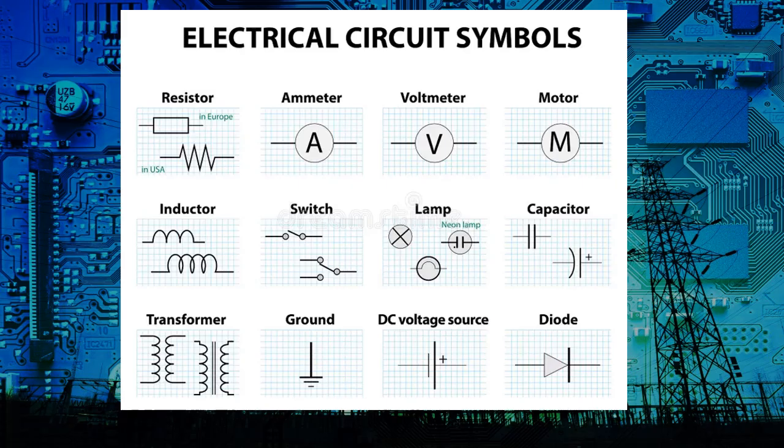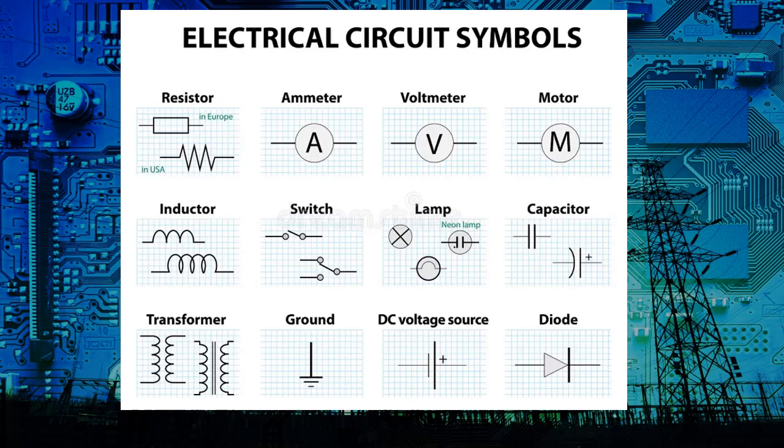When we talk about electric circuits, mostly we don't draw circuits artistically, but use symbols. So these are some of the symbols that they use: resistor, ammeter, voltmeter, motor, inductor, which is a coil of wire, switch, lamp, capacitor, transformer, ground, DC voltage, and diode.